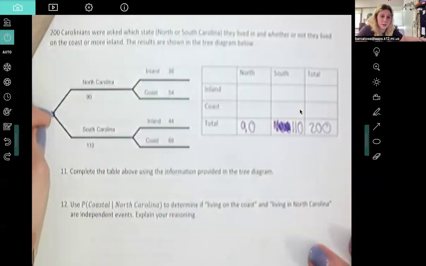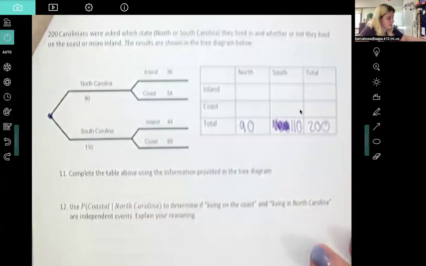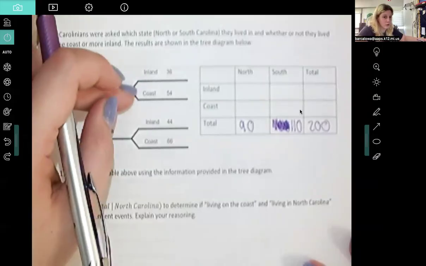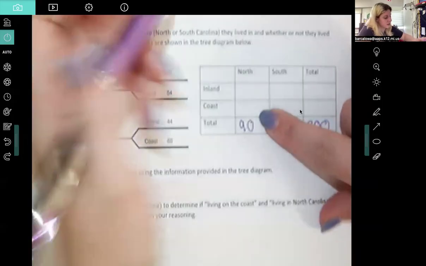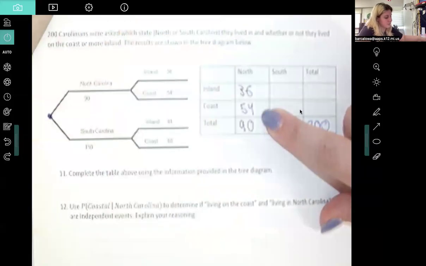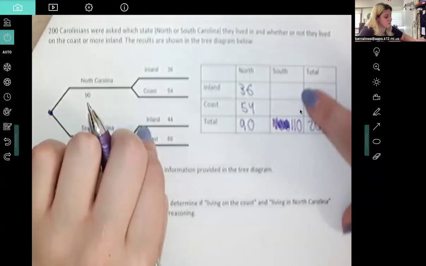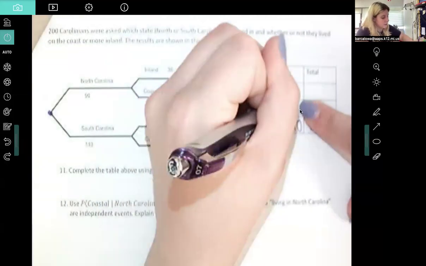Of those North Carolina people, 36 of them were inland, 54 of them were on the coast. Of the South Carolina people, 44 of them were inland, 66 were on the coast.